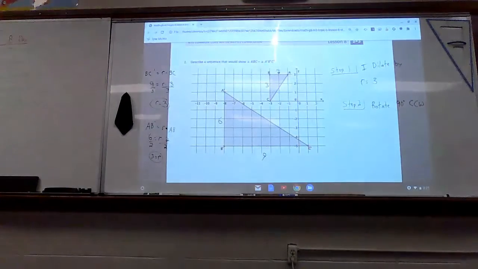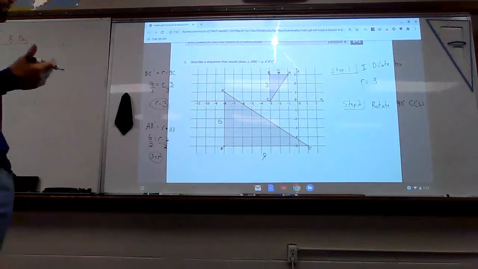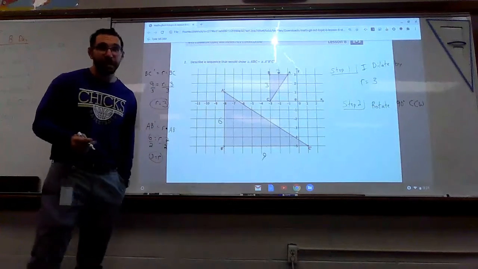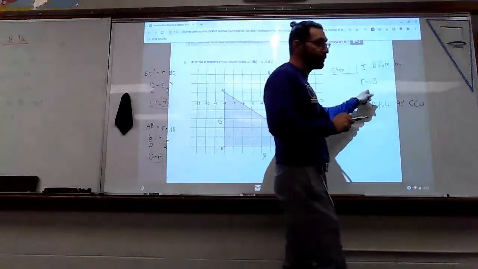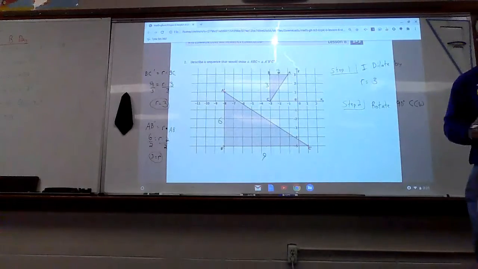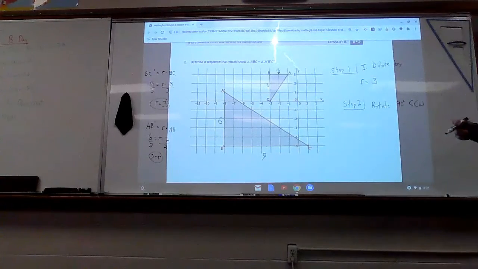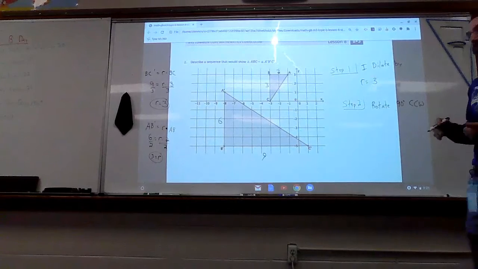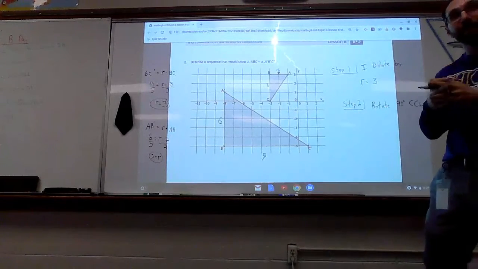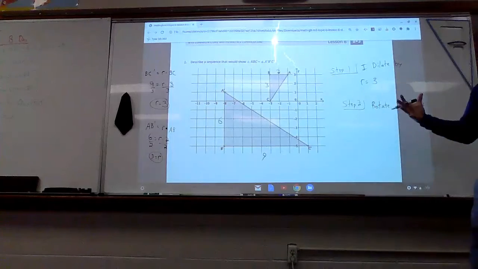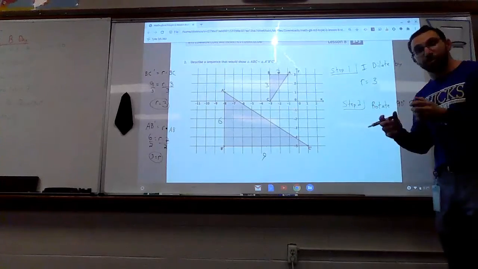They're asking you to find a scale factor, and they're asking you to find what rigid transformation needed to happen after it got dilated. So the question is, if I'm dilating it by a scale factor of 3, which is bigger than 1, what type of dilation is it? Well, if it's not a reduction, it means it's got to be an enlargement. Remember, when our scale factor is greater than 1, it's an enlargement. If it's smaller than 1, it's a reduction, reduces.